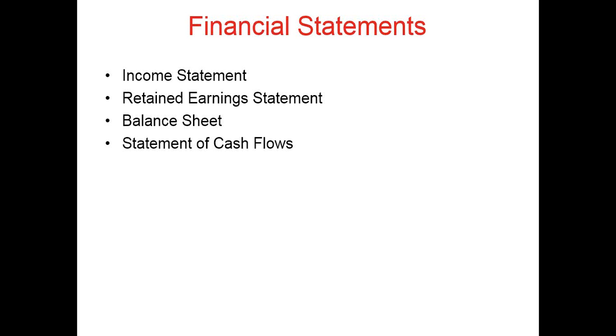The ending retained earnings is carried to the balance sheet where the assets and liabilities are listed, along with the equity in the company. Both together, the assets plus the liabilities and equity, must balance. We'll talk about that a little bit more.